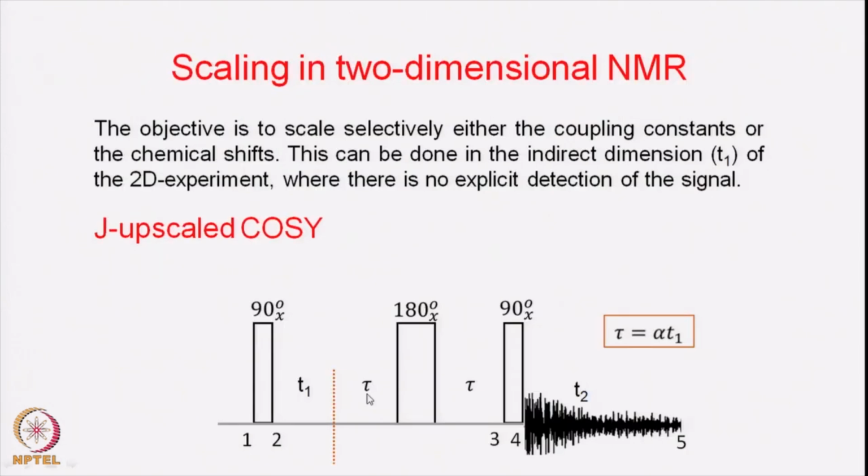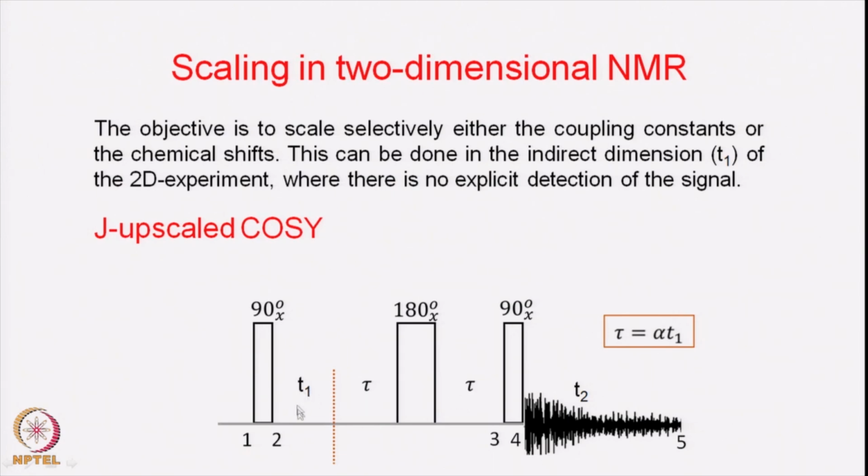So if you look at this sequence here, during the spin echo, if you recall the previous discussions, the field inhomogeneity effects will also be refocused. The chemical shift refocusing means the field inhomogeneity will be refocused as well.